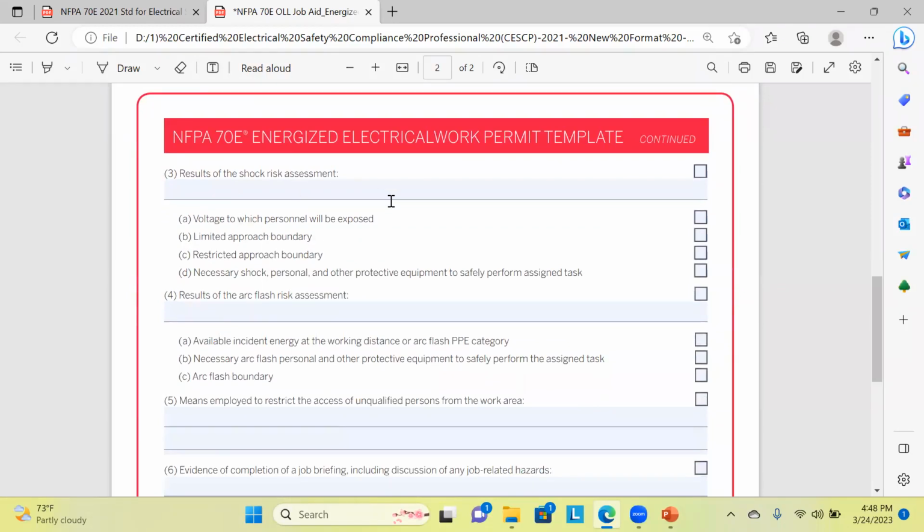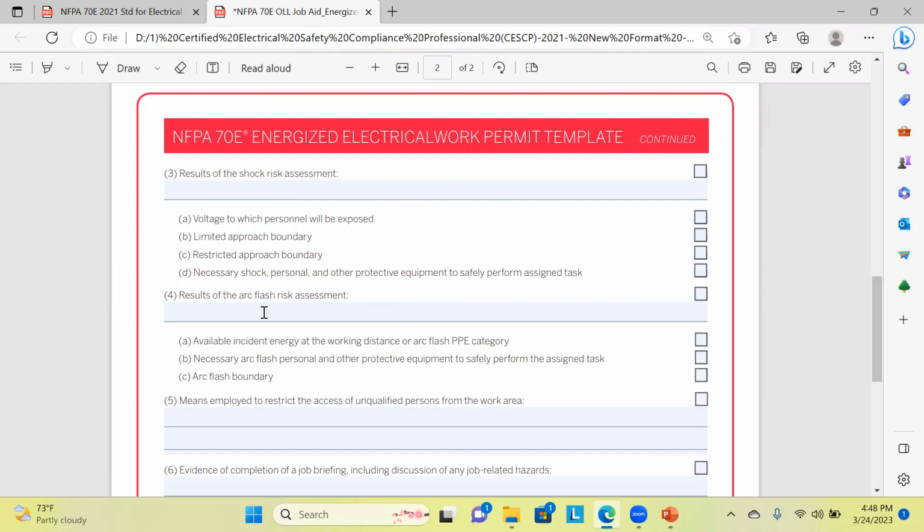He will write the result of the shock risk assessment, that is, the voltage level to which he will be exposed, the limited approach boundary, the restricted approach boundary, and the personal protective equipment he will be wearing.